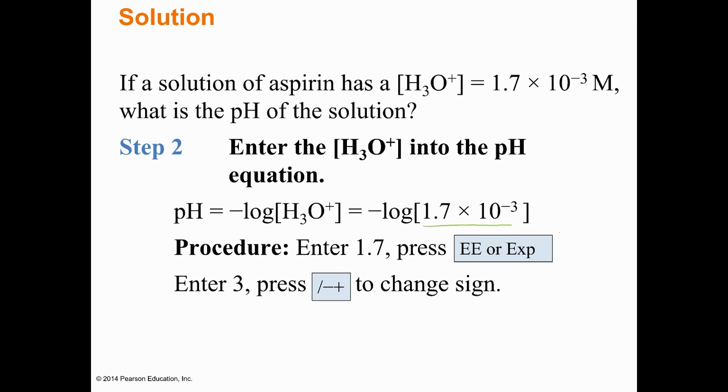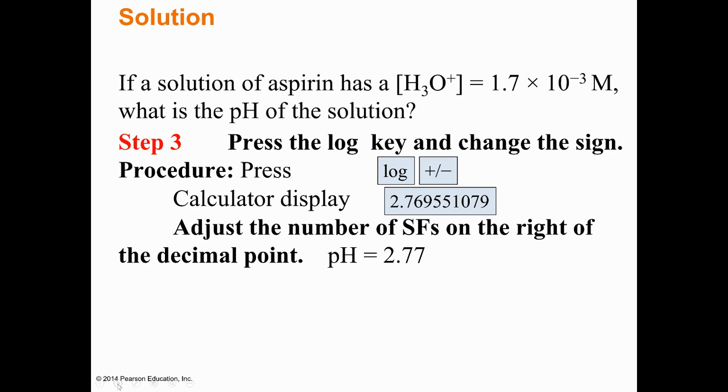Now, this is general, right? This may not work in your particular calculator, but most operate this way. And when you do that, you should end up with pH 2.77, 2 decimal places. So you'd round that big long number to 2.77.